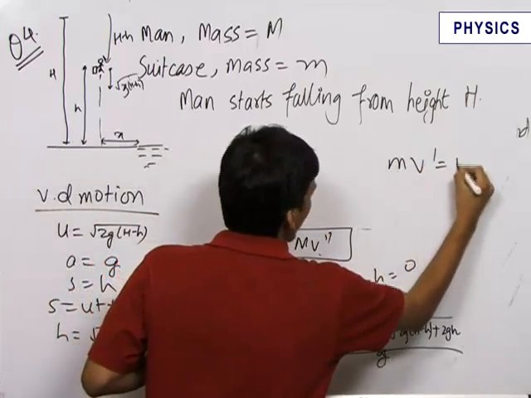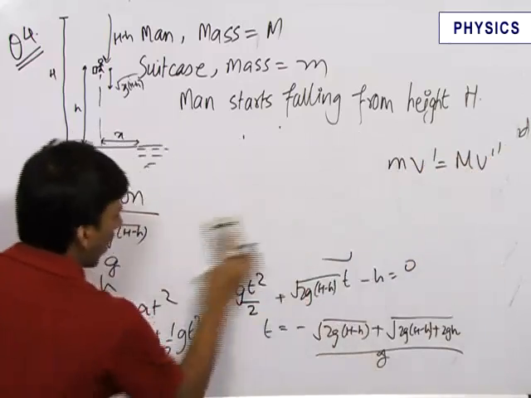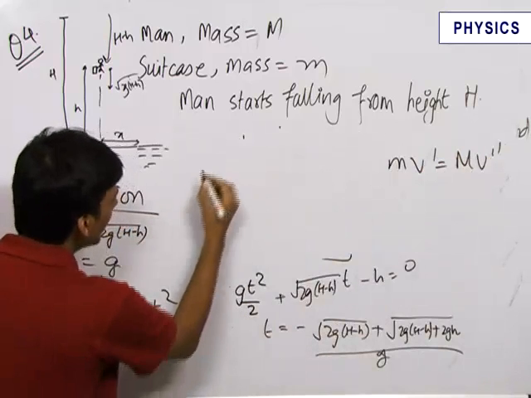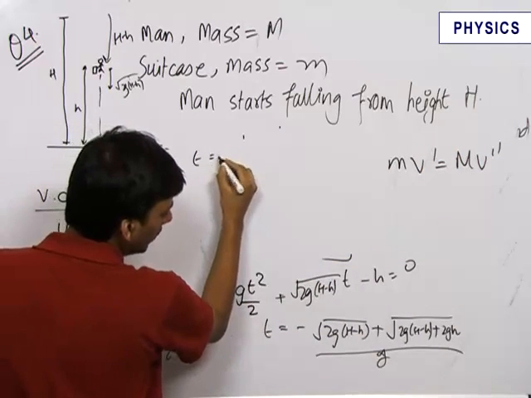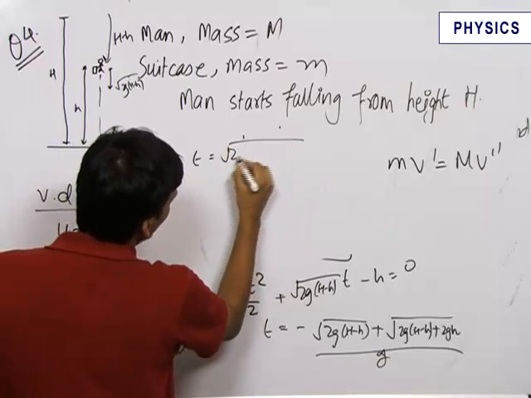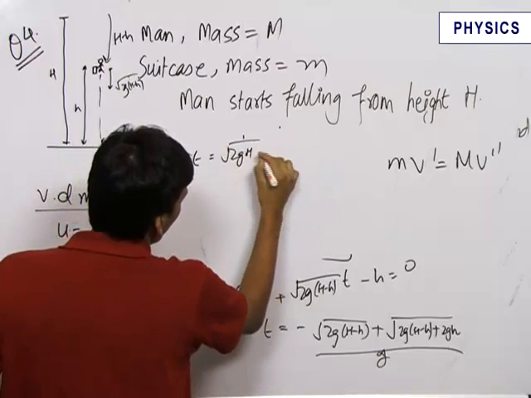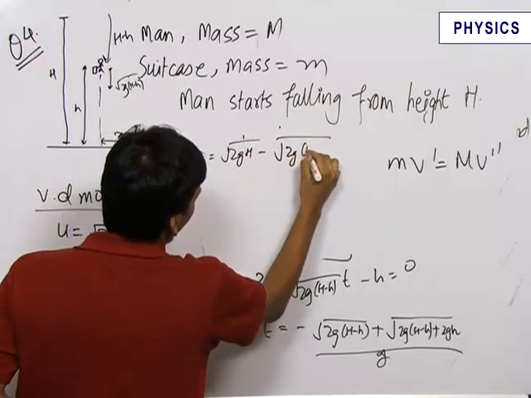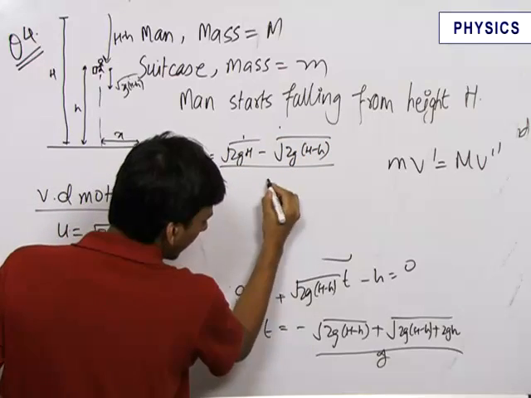mv' is equal to mv''. So the time we get is, time is equal to √(2gh) minus √(2g(h minus h)) upon g.